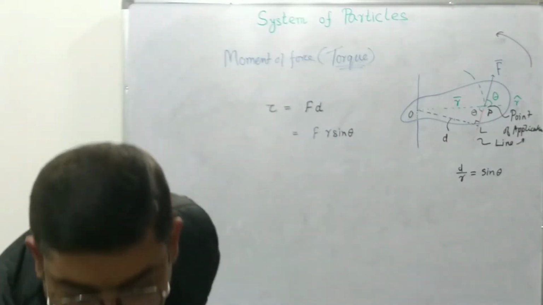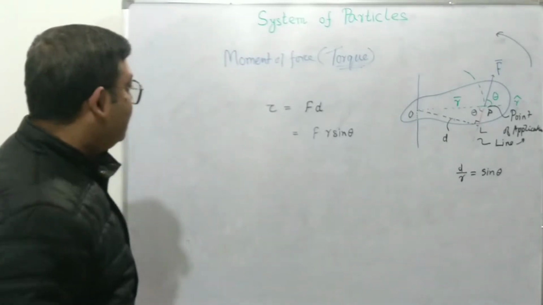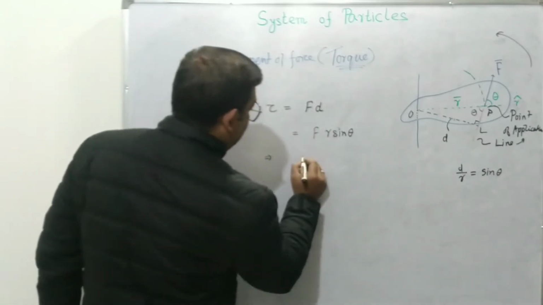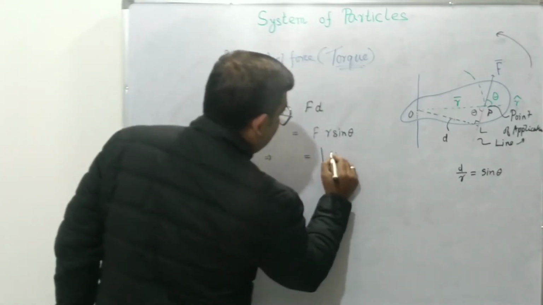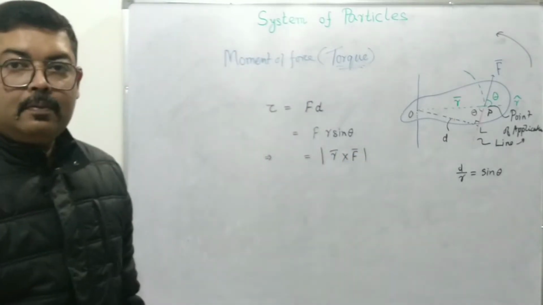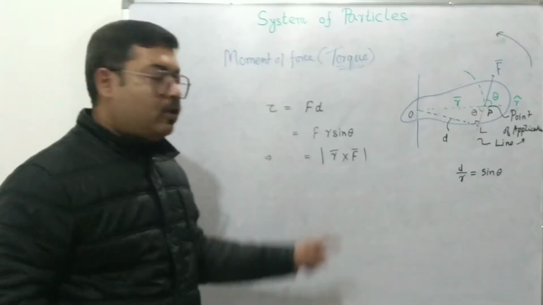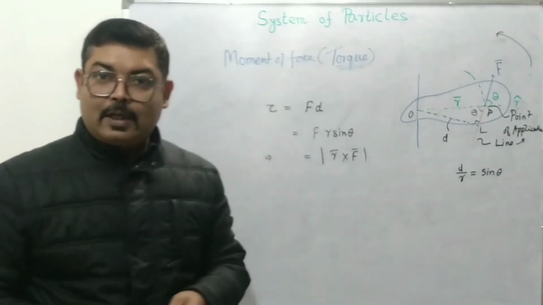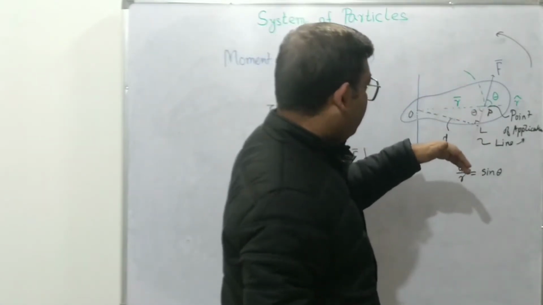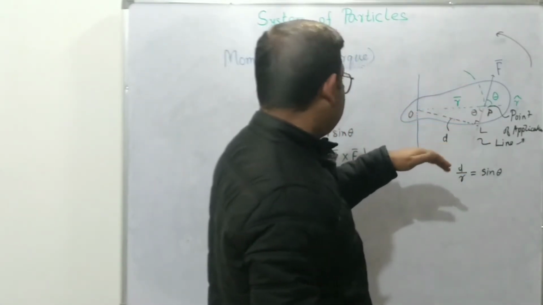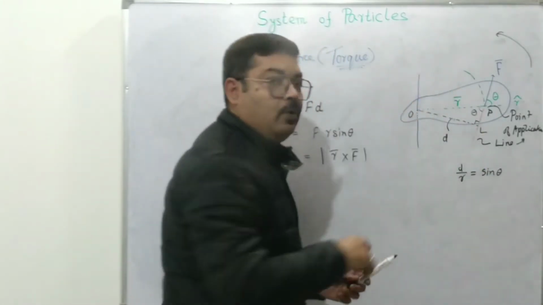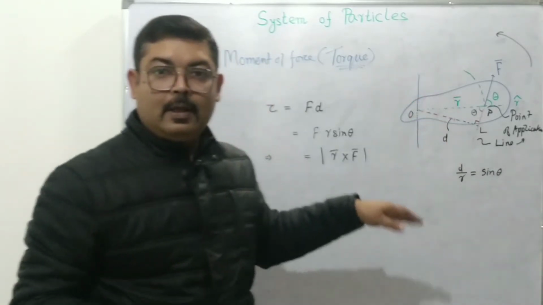Now if I write this as F into R sin theta, then we can say that this equals the modulus of R cross F. We can also say it's the modulus of F cross R, but R cross F goes from R to F, and F cross R would be into the board, or into the negative direction of the x-axis.